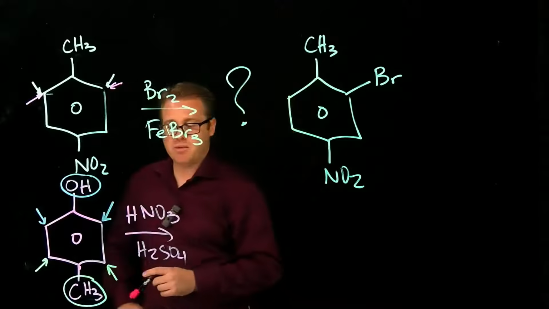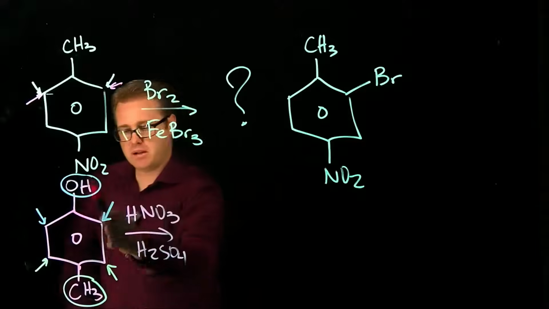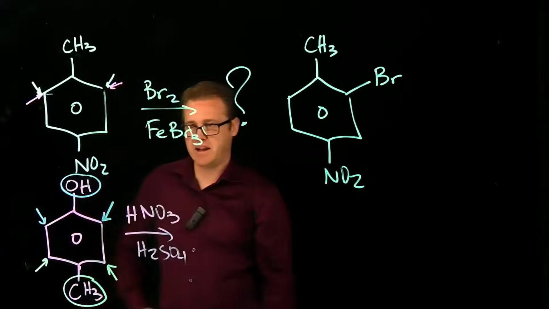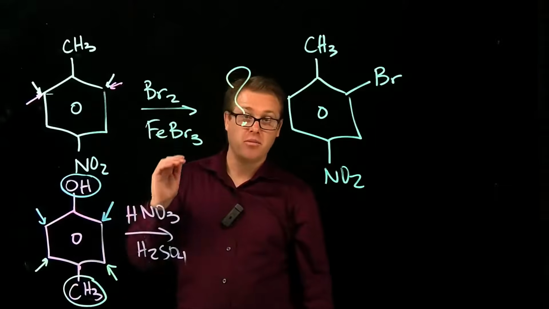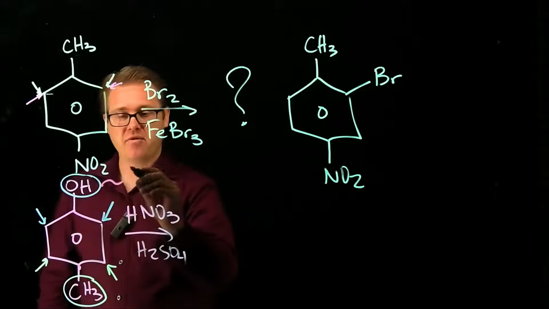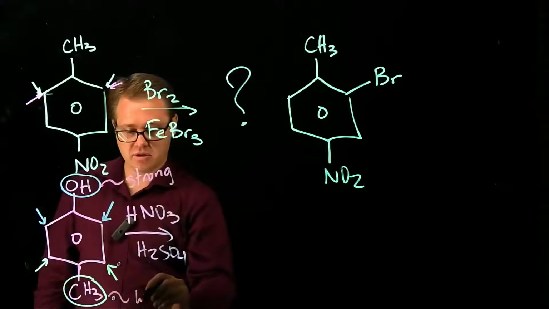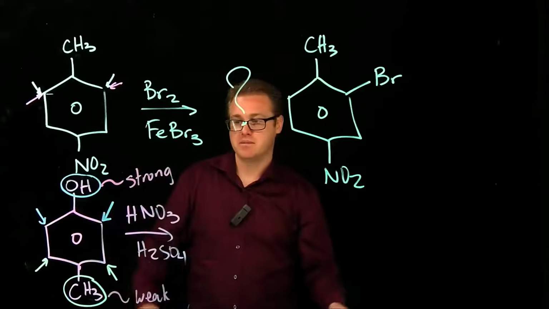Well, we have to break the tie with all this. So we look at both of these. We identify them as activating groups, but now we have the subclasses: strong, moderate, and weak. And we can see that this guy from our discussion is going to be strong, and this one's going to be a weak activator. And so strong wins.